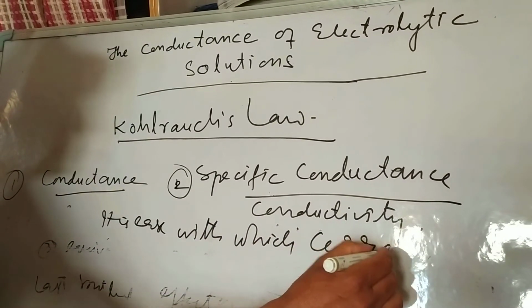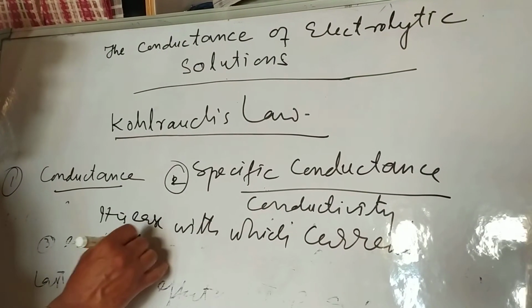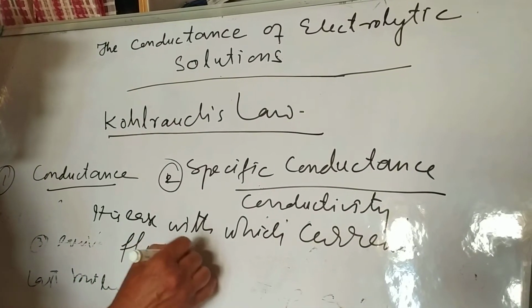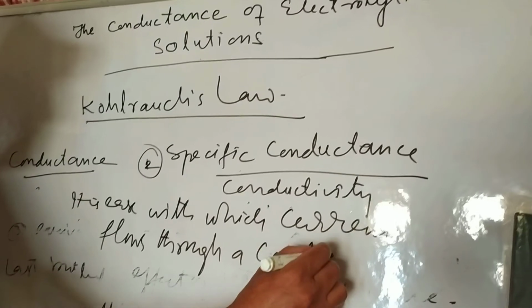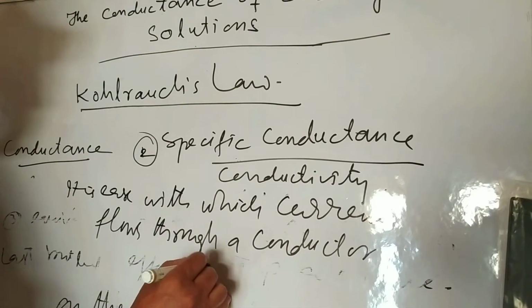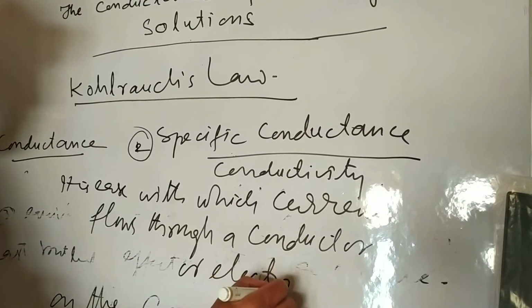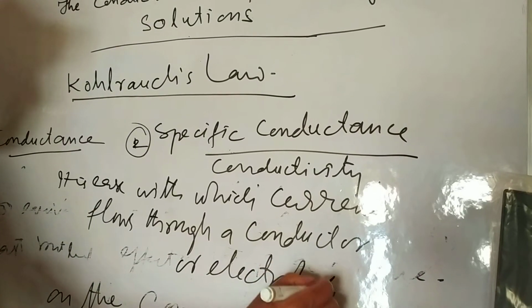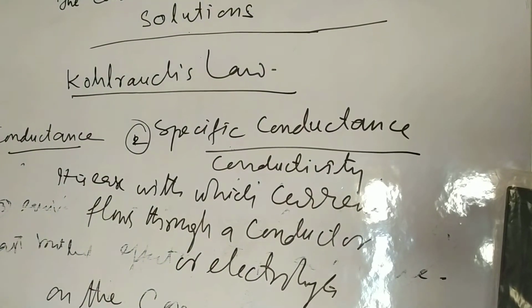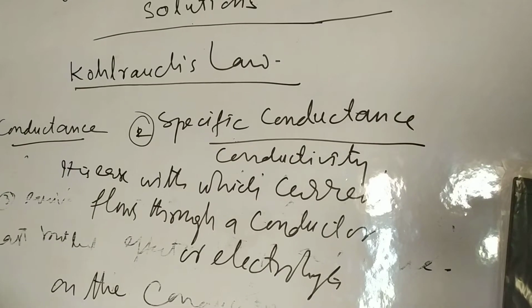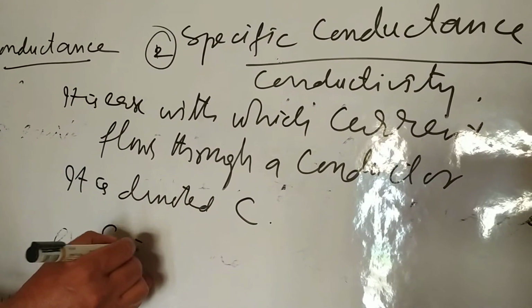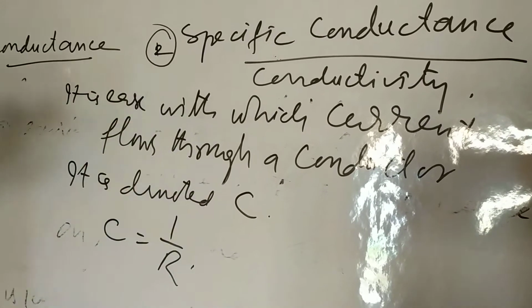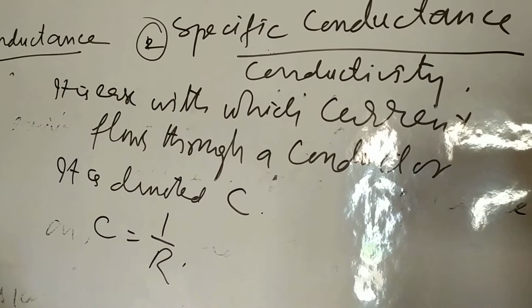It is the reciprocal of resistance. It is denoted by C. C is equal to 1 over R. So it is the reciprocal of resistance.